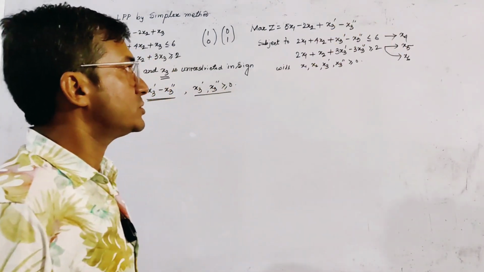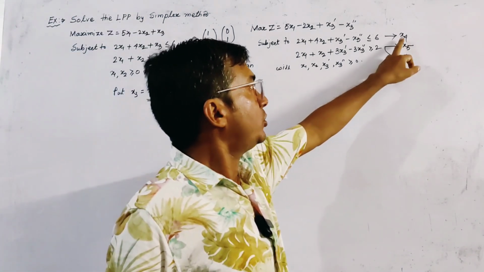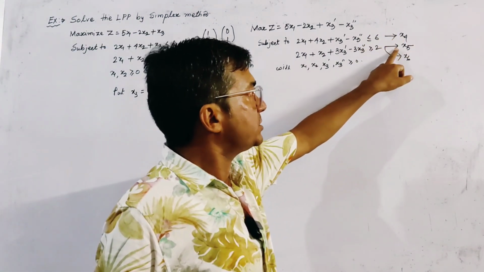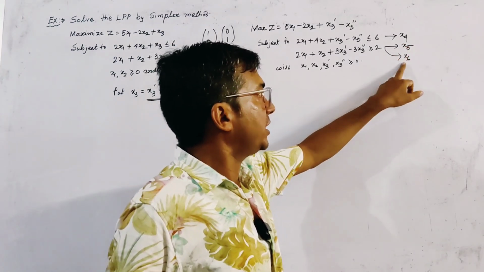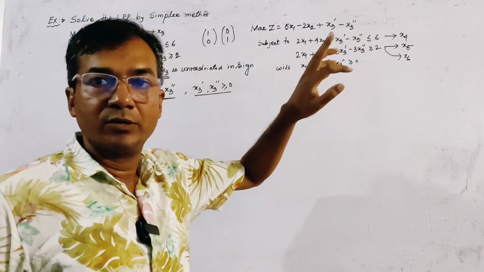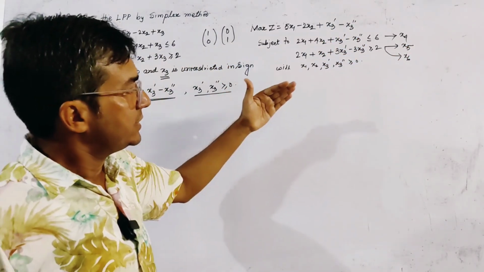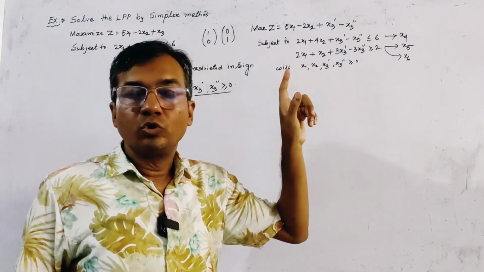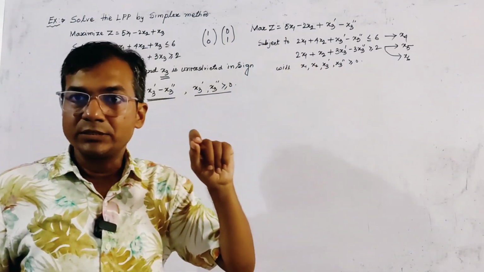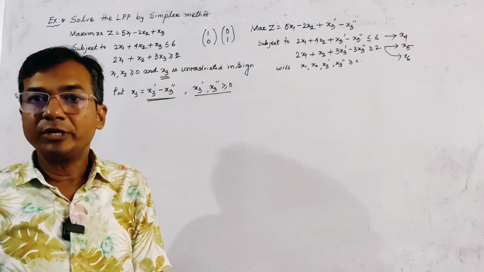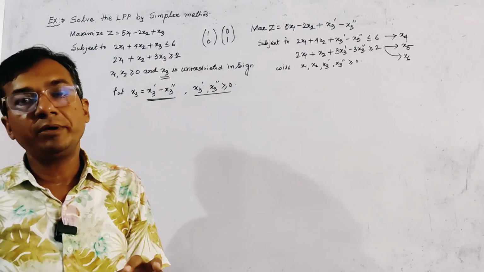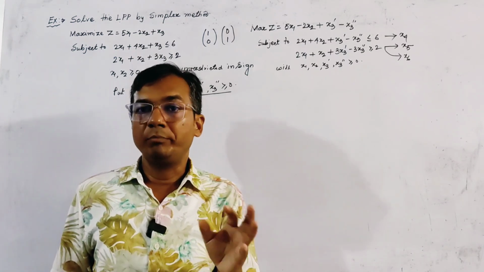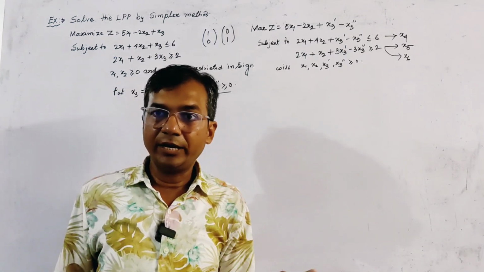So we introduce a slack variable x4 in the first constraint, and a surplus variable x5 and artificial variable x6 in the second constraint. Since we introduce an artificial variable, this method is known as big M method, or artificial variable method, or Charnes M method, or method of penalty.